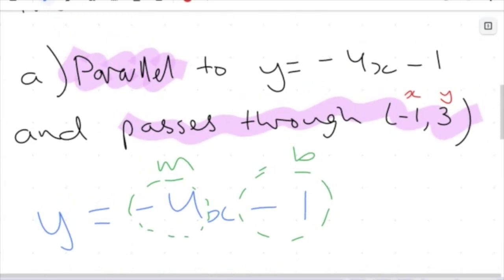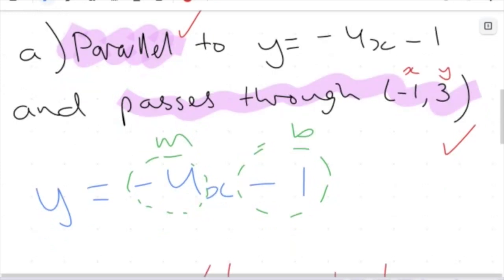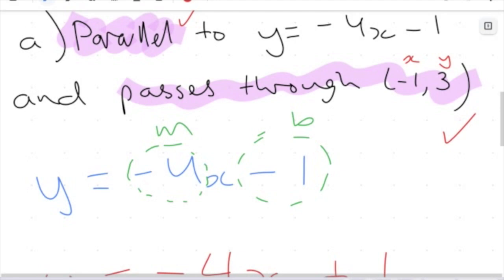So we've ticked off, we've applied this one important point from the question, and we have another one we have to consider. It passes through the point -1, 3. So these are x and y coordinates of some point.